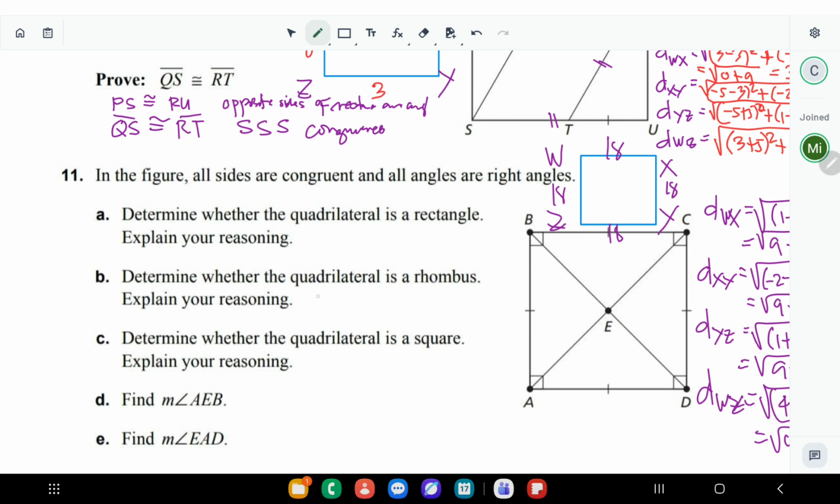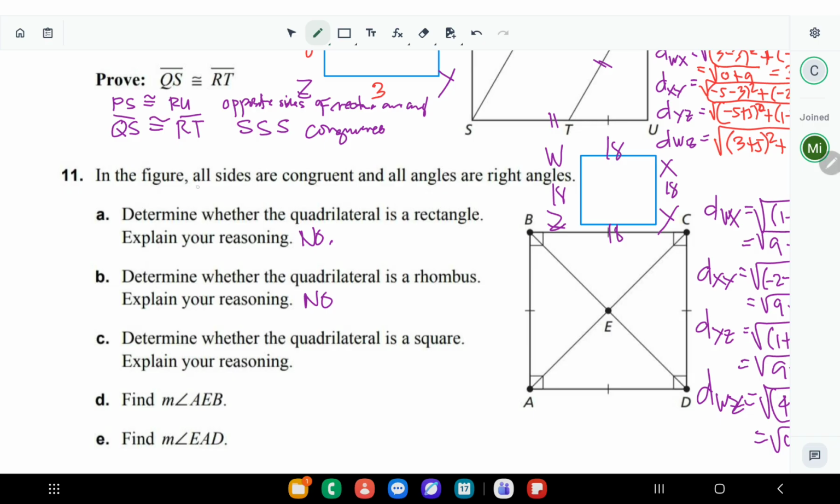It can be a rhombus? Maybe not, because all sides are congruent and the sides of a rectangle are not all congruent. Rhombus, no, because it says all angles are congruent.